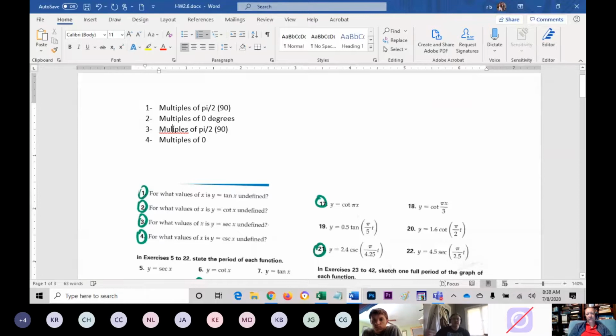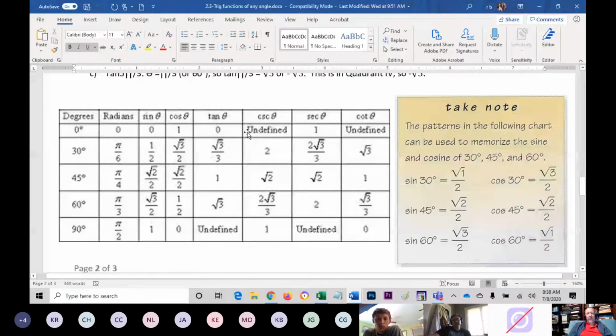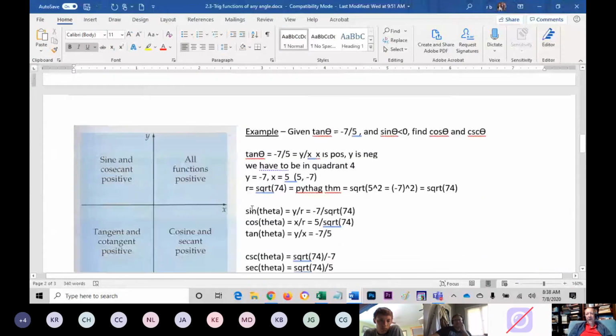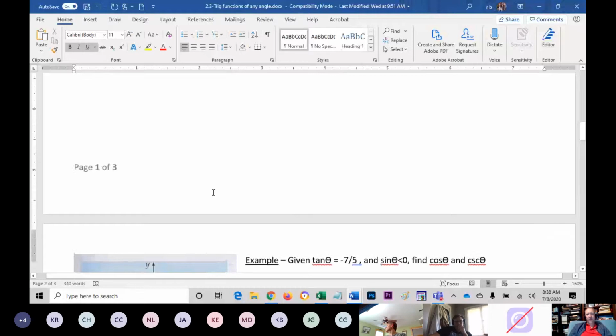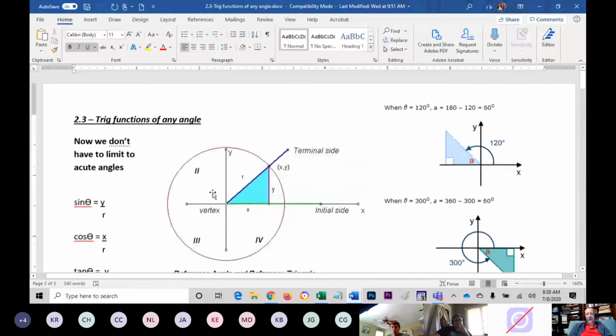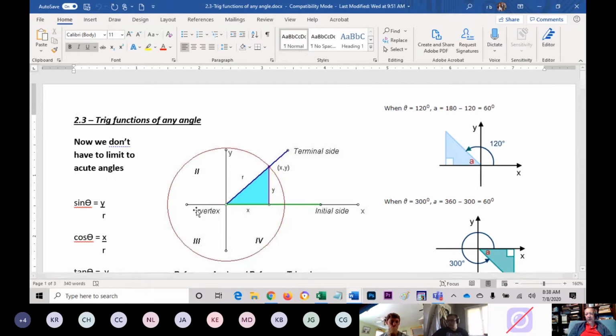What does it mean by saying multiples of 0? Does that just mean we're talking about the 0 and 360 reference angle? Remember, our reference angle is always measured from the x-axis. So when I say 0, that also means 180, I guess. That makes sense. It depends on which quadrant you're in.